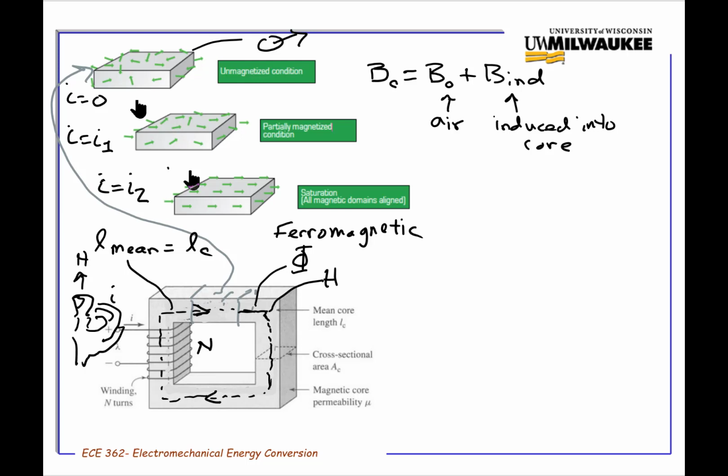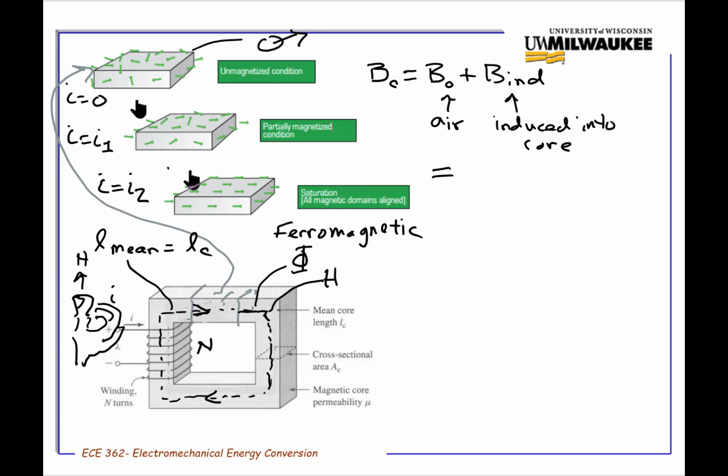So really what I'm saying is that the space that the winding is wound around is both core and air. Core and air both occupy that space simultaneously.